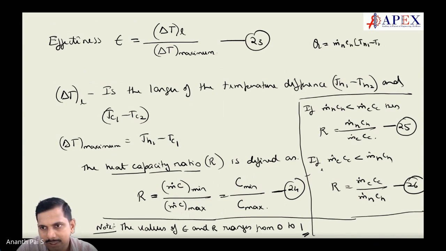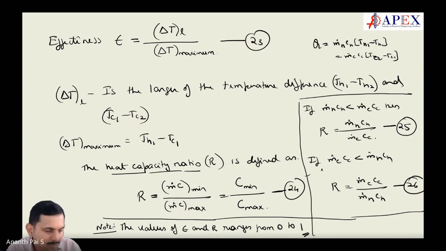(Th1 minus Th2), that is equal to m dot c Cc into (Tc2 minus Tc1), right? Now if I write m dot h by Ch, that should be equal to Th1 by this one, is it not the other way around? I'll repeat it.